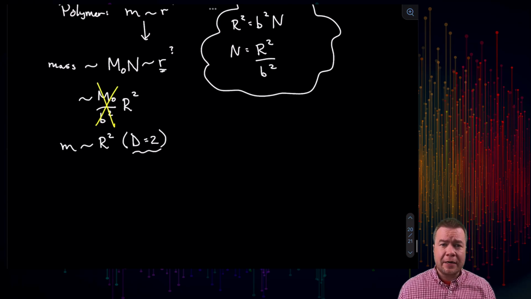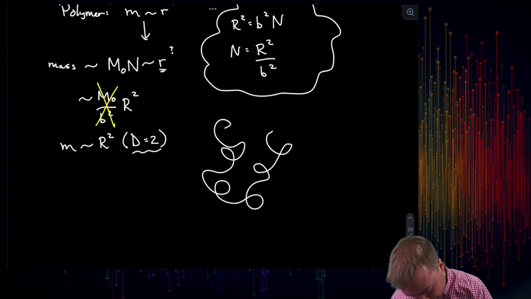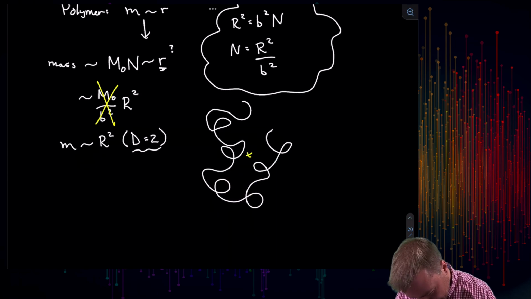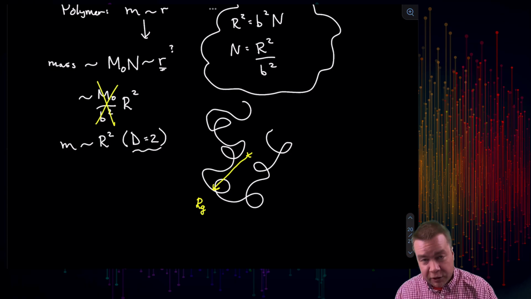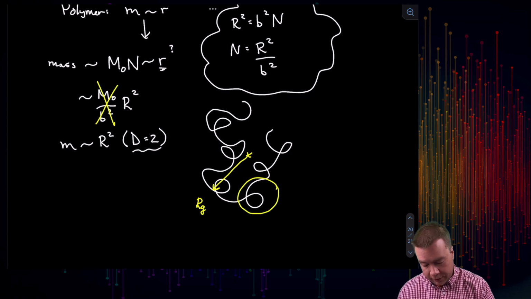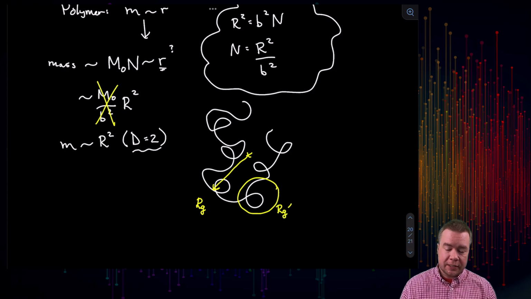Okay, so that's what we mean by fractal dimension. Fractals have the property that they are self-similar. And so that's why above, when we were talking about the radius of gyration, we could calculate RG for the entire chain, and that will behave similarly to the RG of a smaller region.